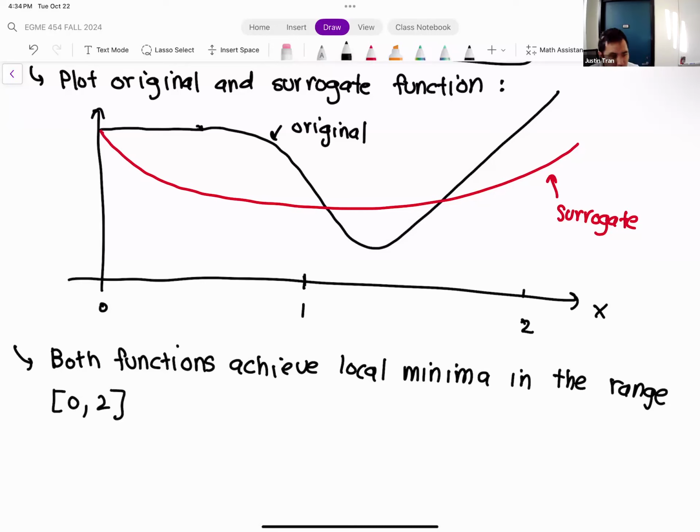Between x equal to 0, our leftmost point, and x equal to 2, our rightmost point, both functions achieve a minimum.